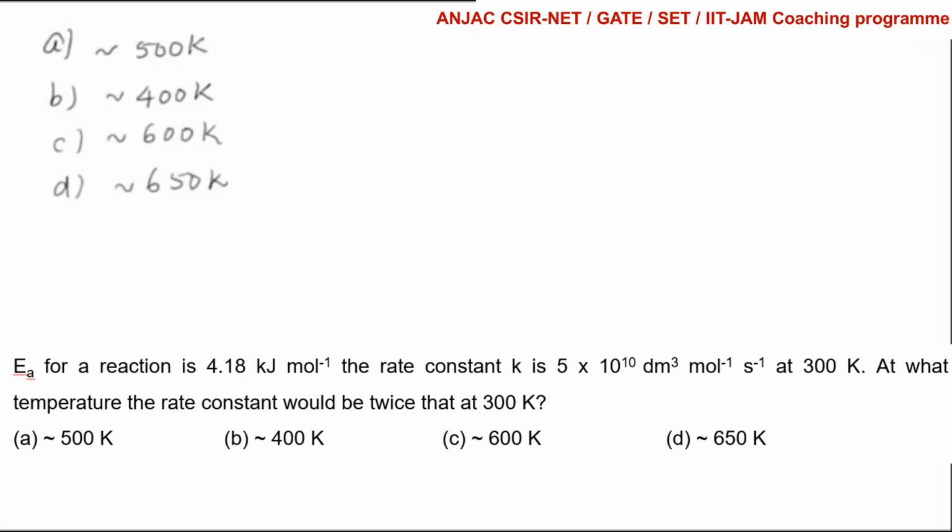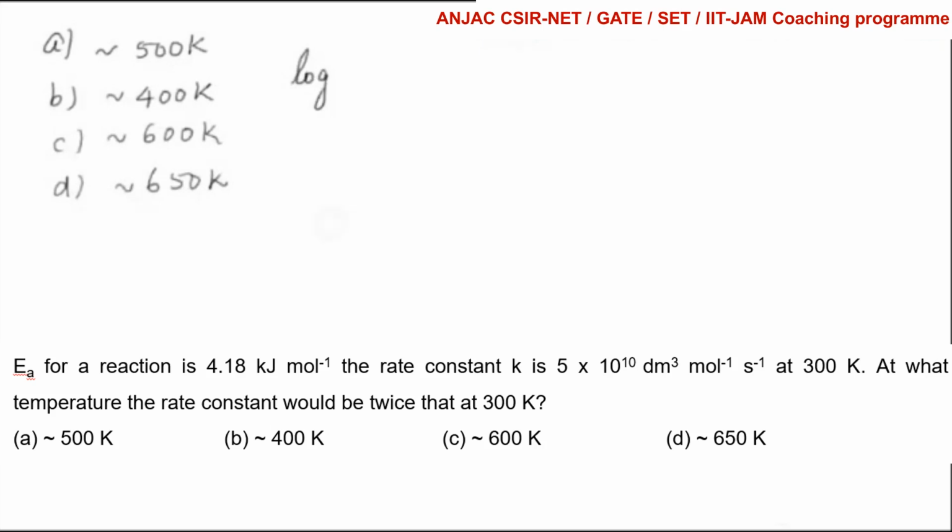The integral form. Because the rate constant at one temperature is given, and what would be the rate constant at another temperature? Therefore, you should make use of two different temperatures. That is the integral form.